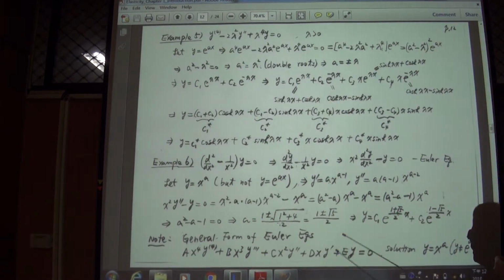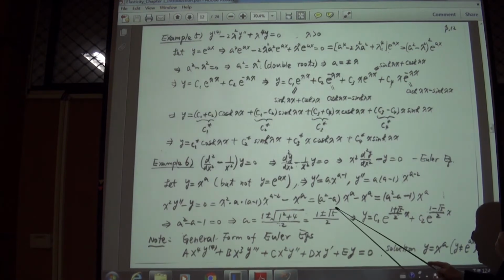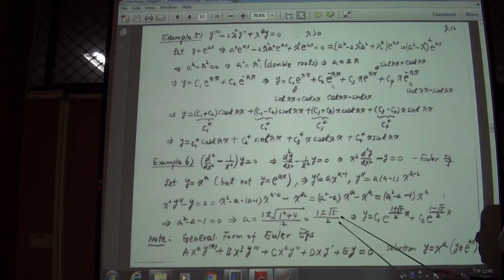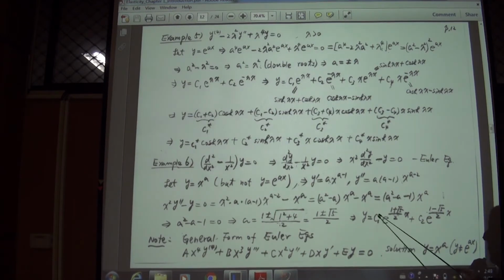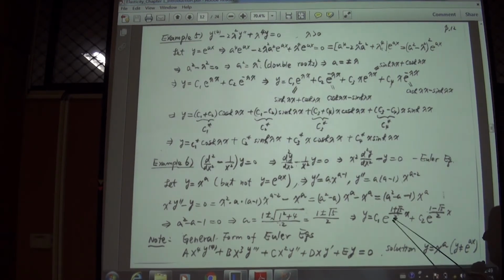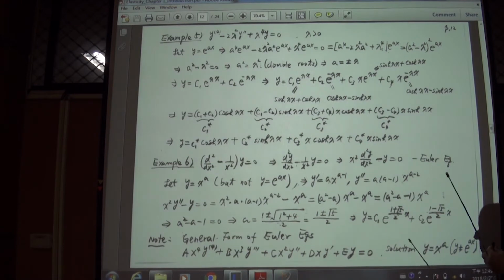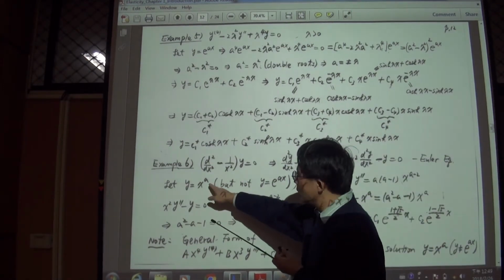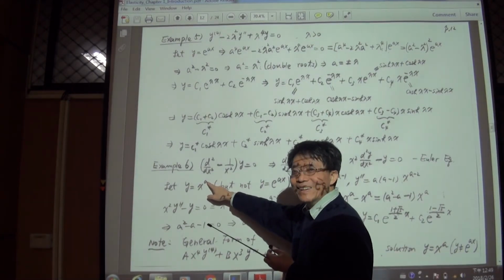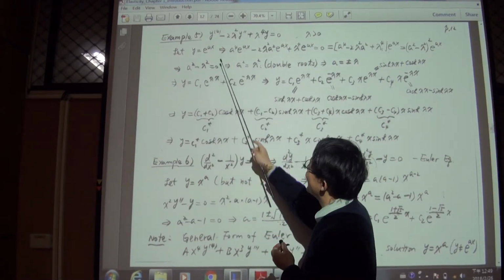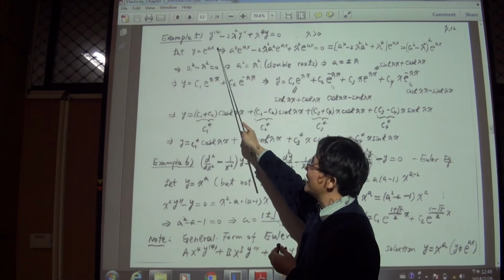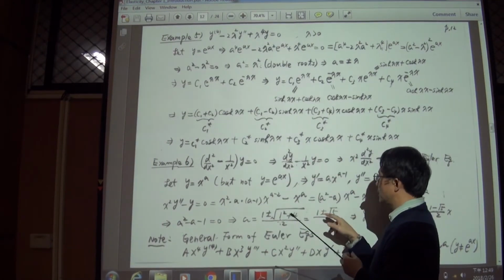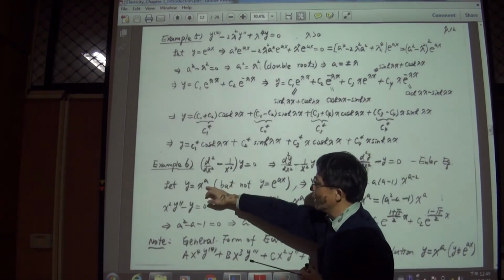So a equals (1 plus and minus square root 5) over 2. So we get two solutions. Y equal to C1. See here, I did something wrong. You should change it because we put a into here, but I made a mistake. I put it into here, which is the wrong way. I should put this a into here.